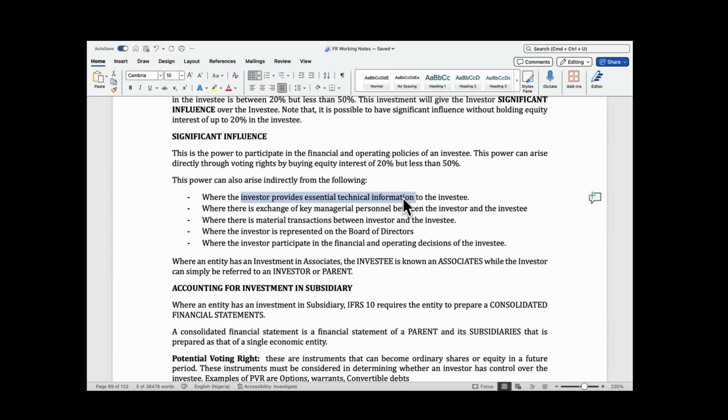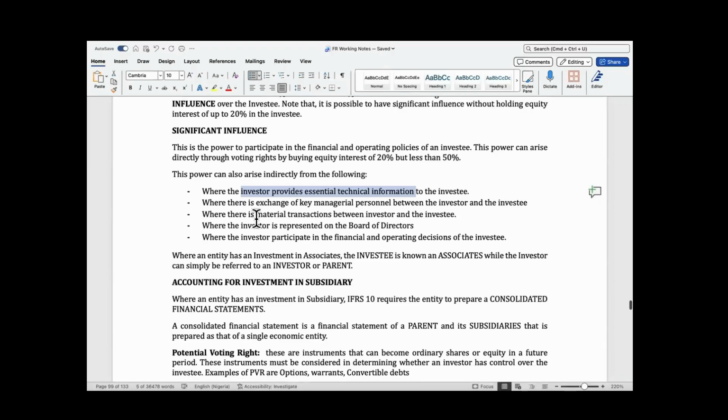Number two, where there is exchange of key managerial personnel between the investor and the investee. When there are also material transactions between the investor and the investee, it also signifies significant influence.